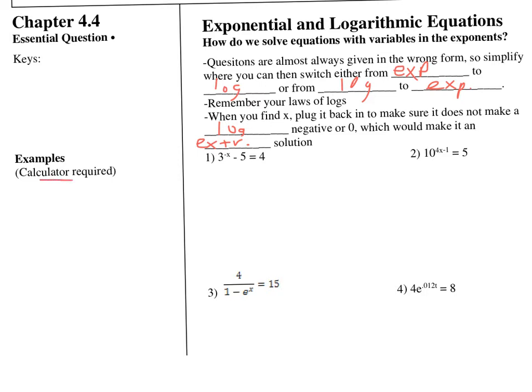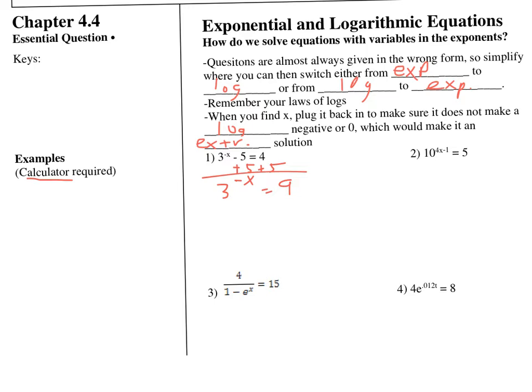You can see that these are all calculator required, so you can get that ready. All right, so for number 1 here, we're going to isolate the exponential base. So I'm going to add this 5 over to the other side. And so we get 3 to the negative x equals 9.